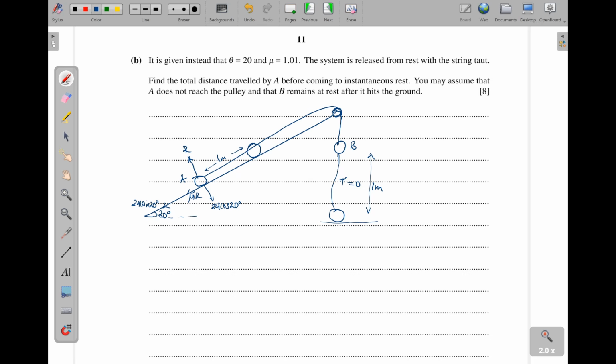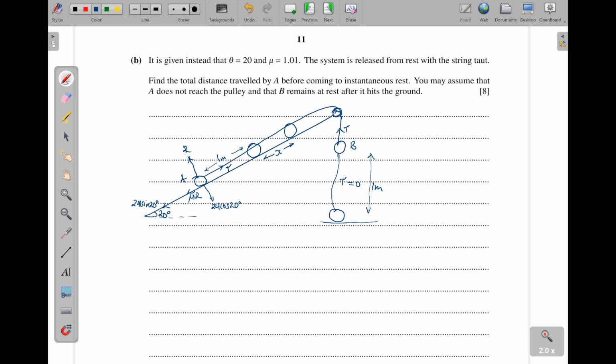Then it continues to move a smaller distance when B reaches the floor and the string becomes slack. So that means there is a smaller distance traveled here, which is x. Of course, we know that there is tension in this string. And here there is also tension, but then it goes away. But here it was there at first.